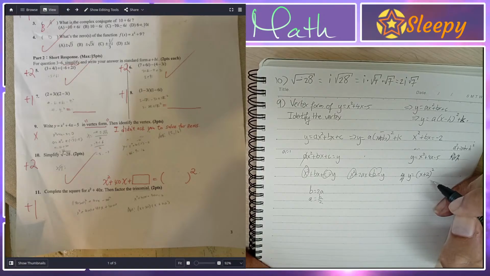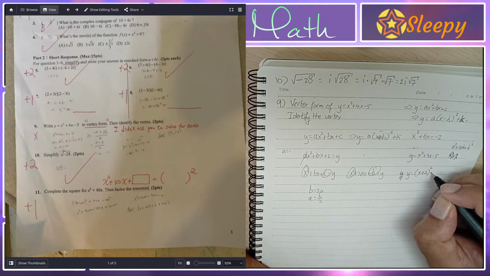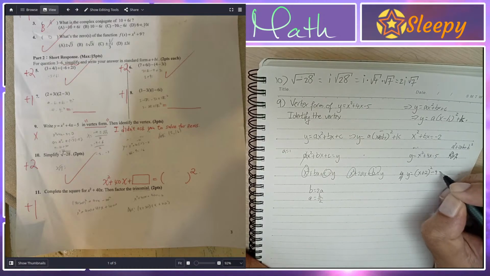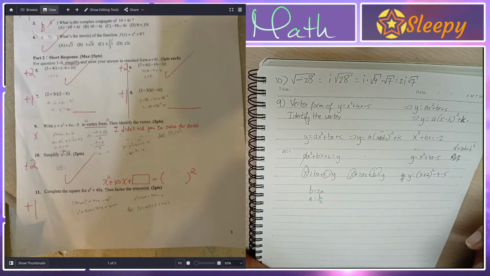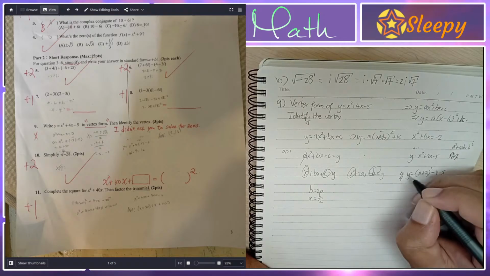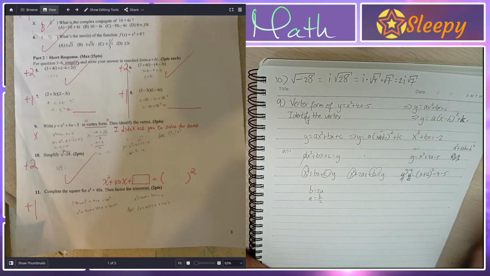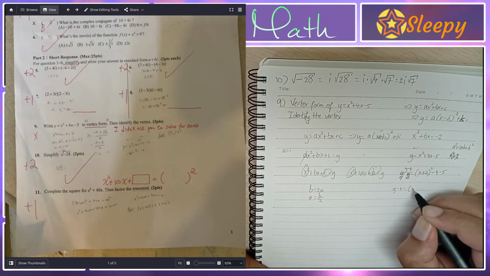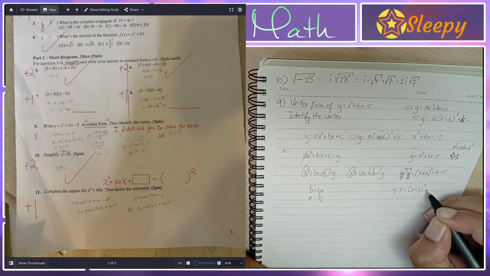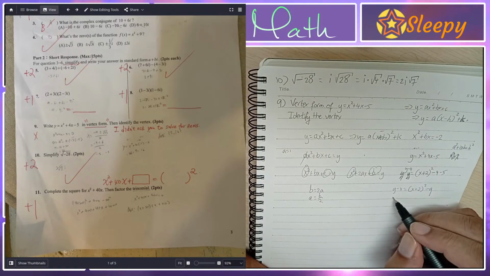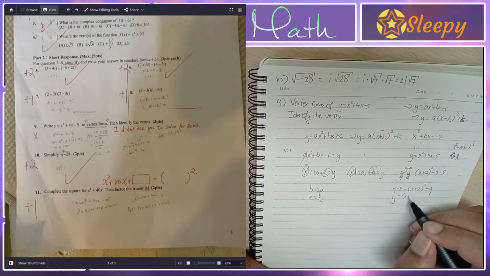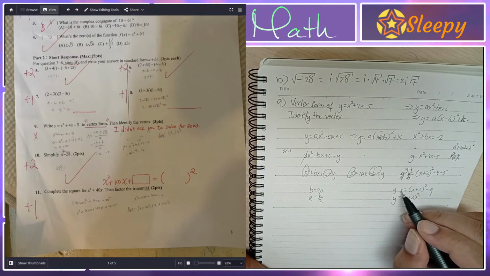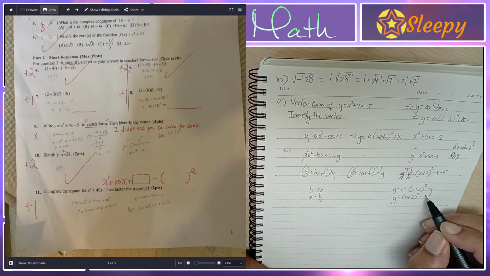So you do minus 4 and then minus 5. So y plus 4 is x plus 2 squared minus 9. So y is x plus 2 squared minus 9. So this is the answer.